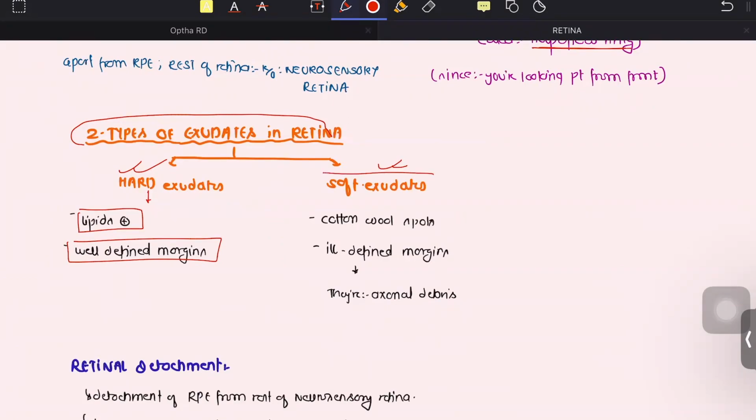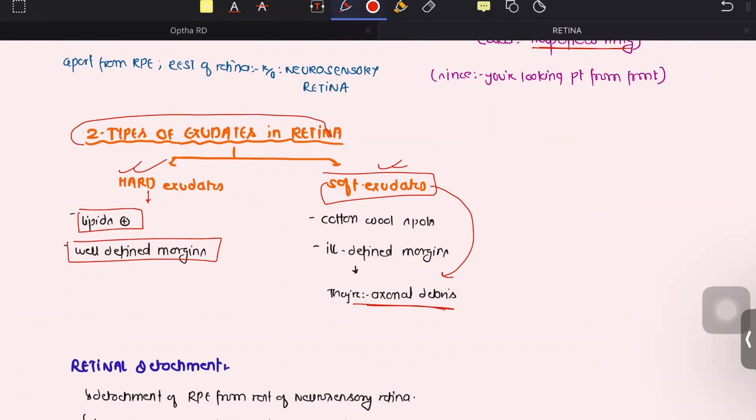Whereas soft exudates are made because of axonal debris. Whenever there is any ischemic condition in the retina, because of the ischemia, the axons undergo degeneration, and the axonal debris starts to accumulate, forming an exudate which does not have a well-defined margin.